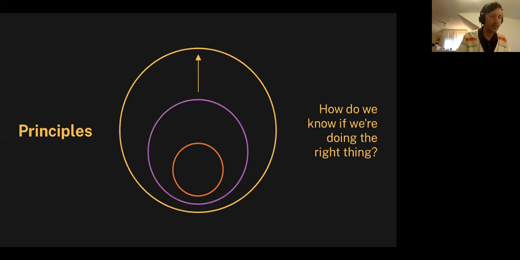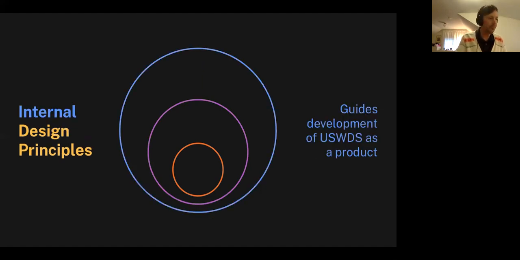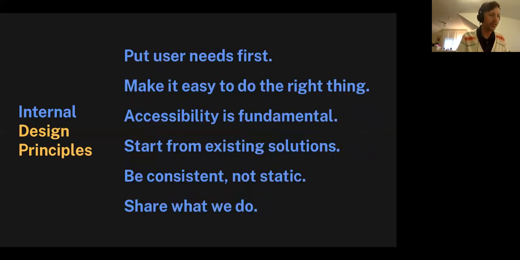Now, for some time, the design system has had internal design principles to guide the development of USWDS as a project. These were and are ways for our team to assess at a high level if we're heading in the right direction. And these are our current internal product principles.